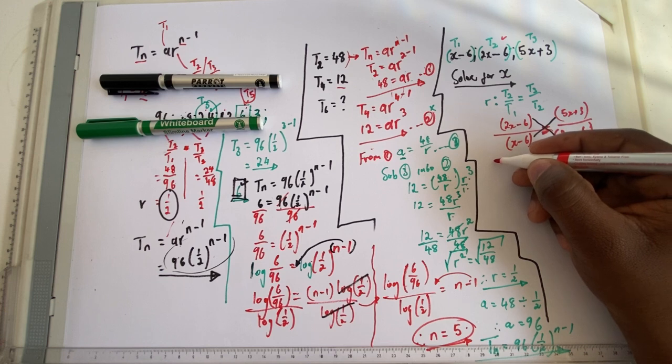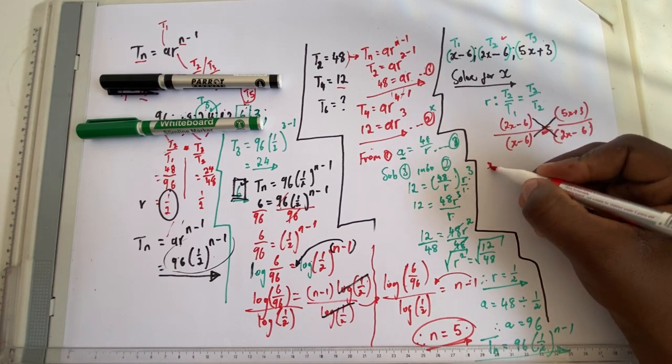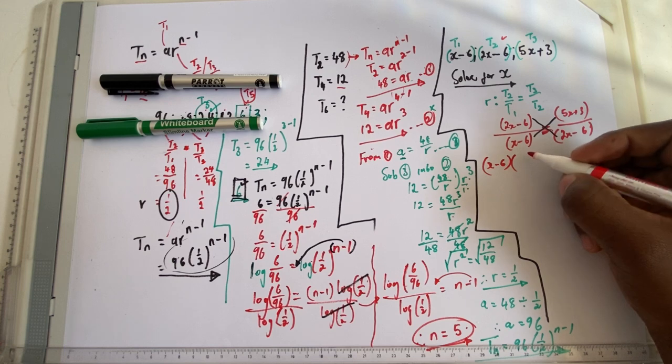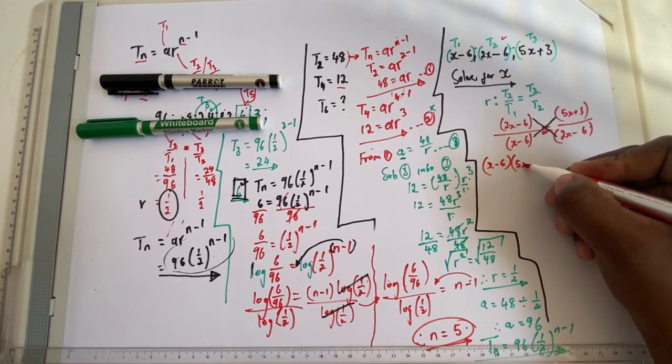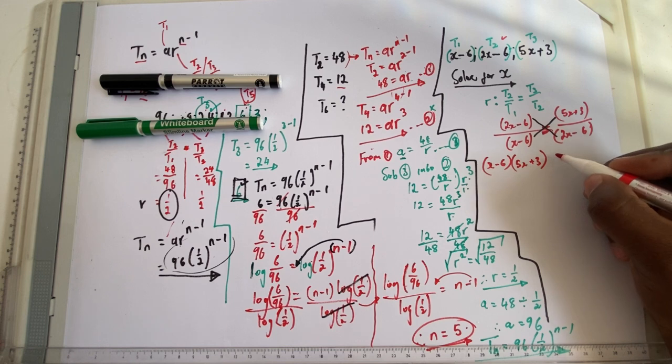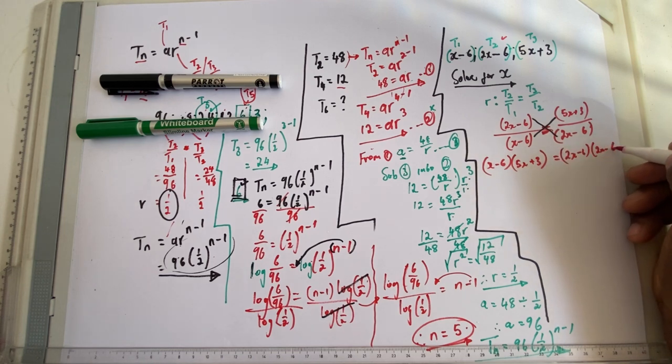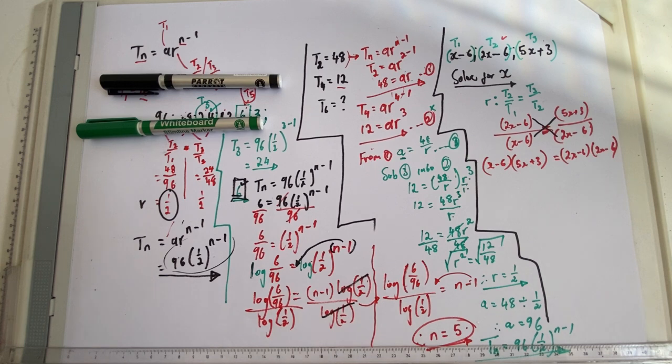This bracket with that one. So I'm going to be having x minus 6, 5x plus 3 close bracket equated to 2x minus 6, 2x minus 6. That is what I'm basically going to end up with.